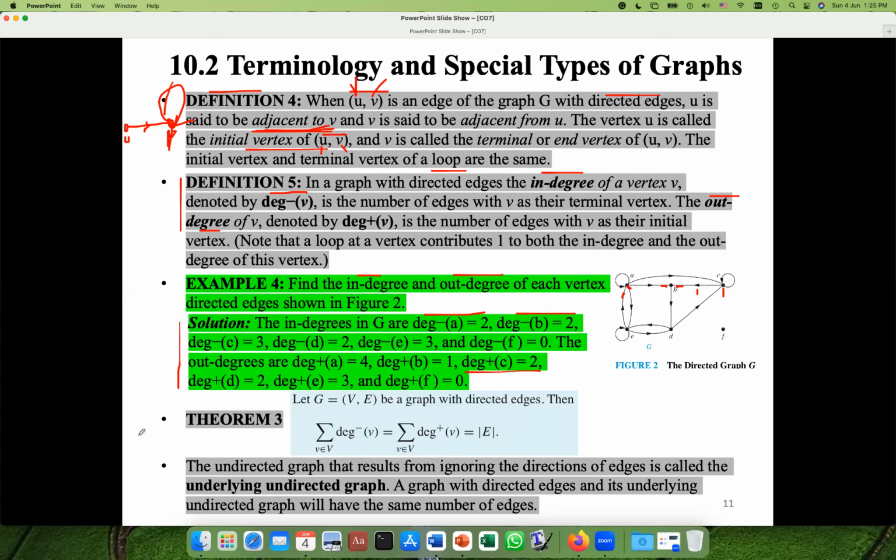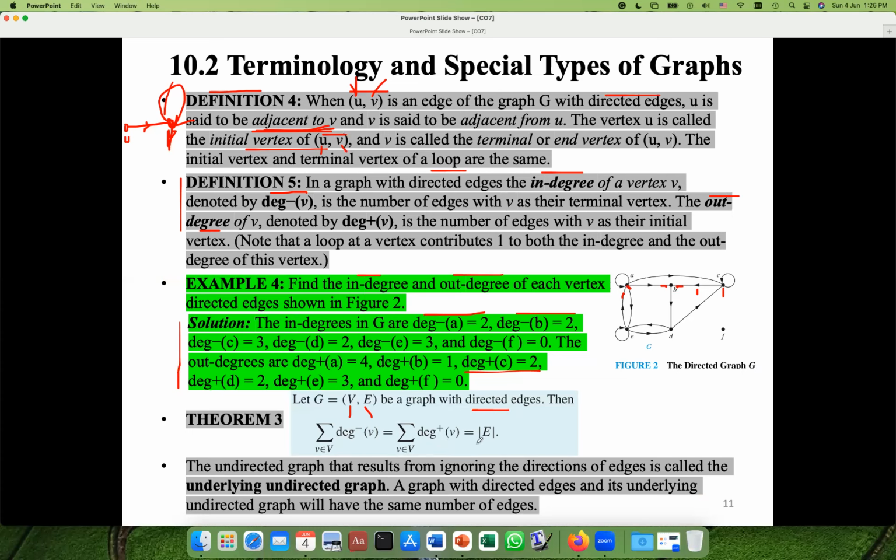Now we have another theorem. This is saying that if you have a graph G with a set of vertices and a set of edges, and if this graph is a directed graph, with directed edges like that, then when you count the in degree of the whole graph with all the vertices, that would be equal to the out degree of the whole graph.